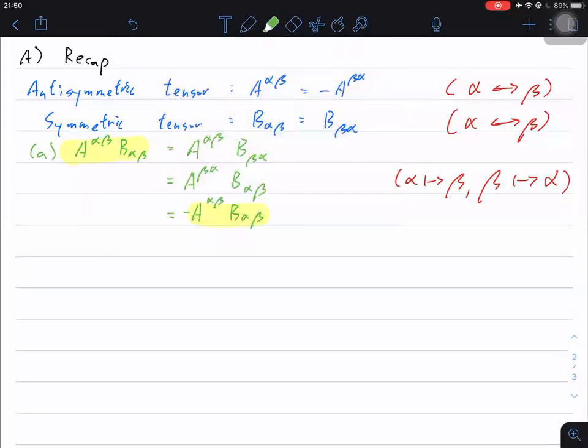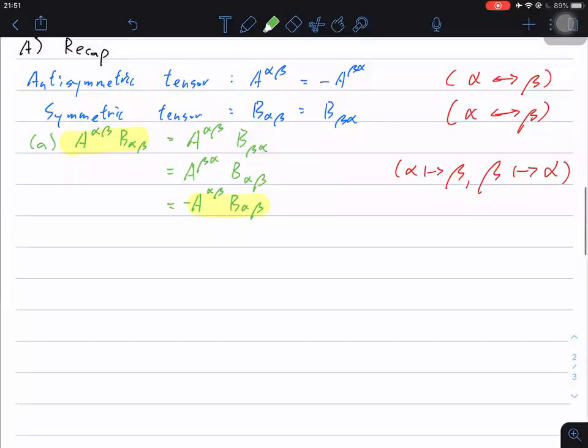So a scalar equals the minus of itself, so this scalar must be 0. Therefore, A alpha beta B alpha beta equals 0.